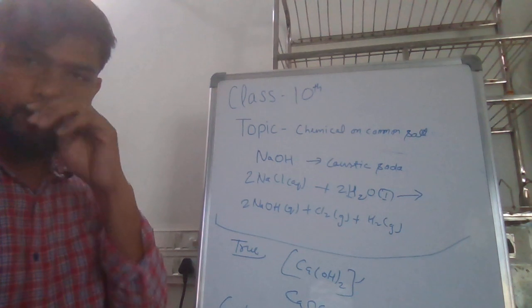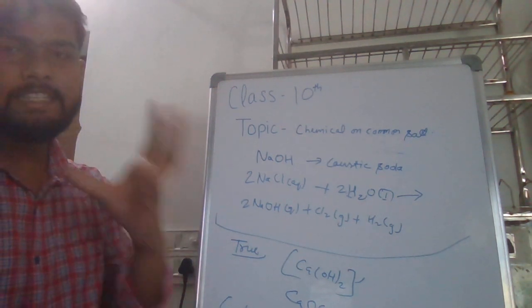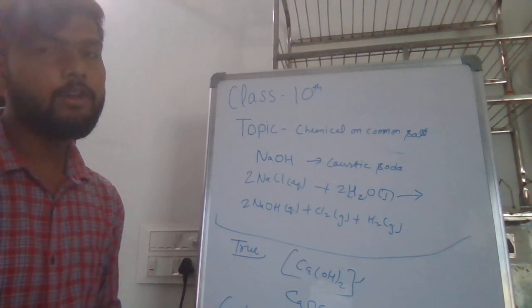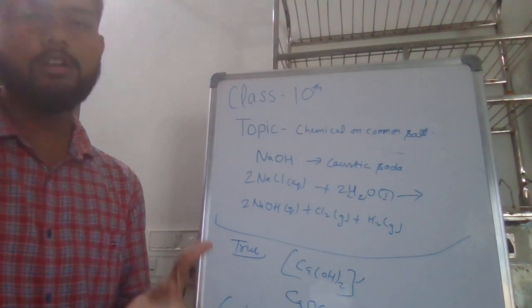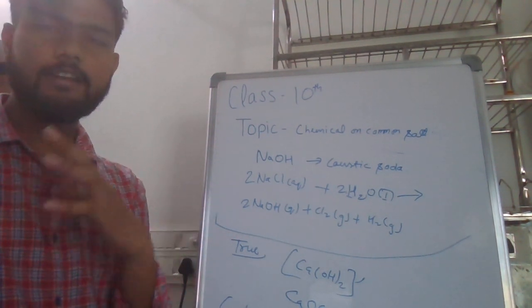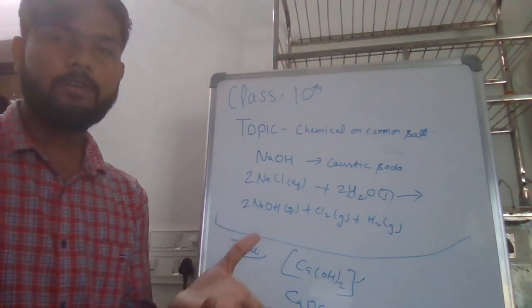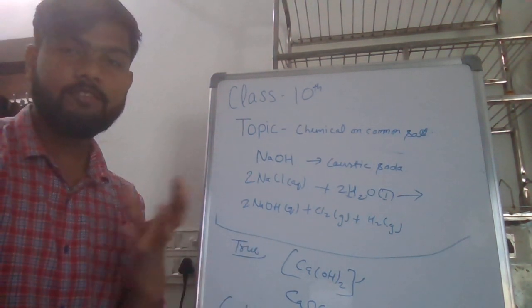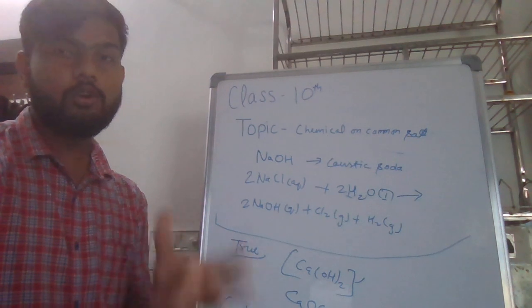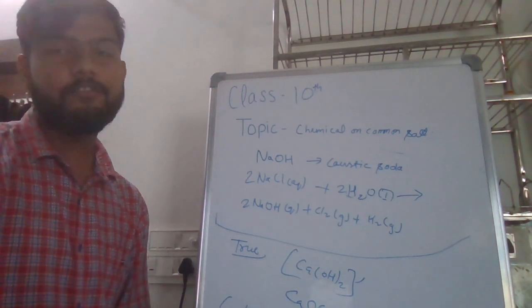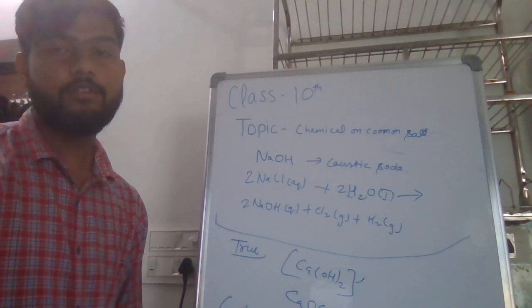Now you have to tell me what are the uses of bleaching powder. Bleaching powder is used for bleaching cotton and linen in the textile industry, for bleaching wood pulp in paper factories, for bleaching washed clothes in laundry, and to make drinking water free from germs.